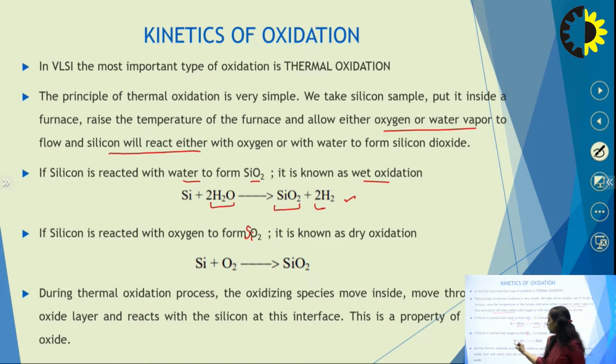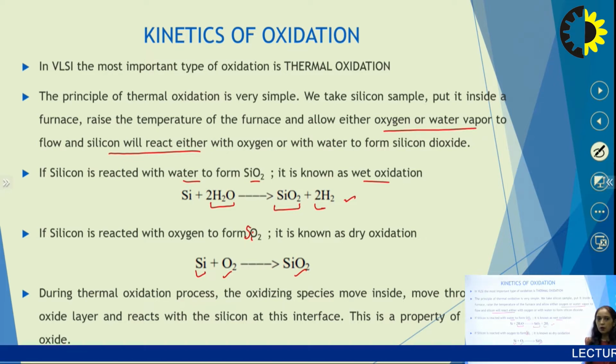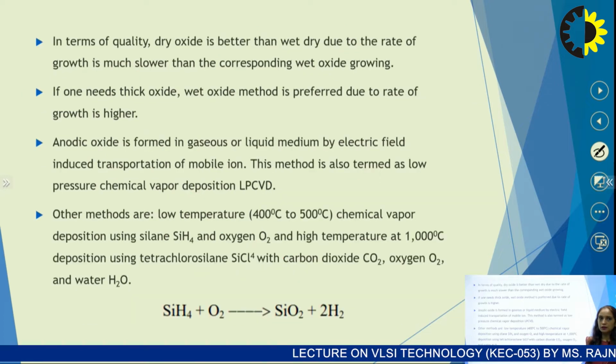So the equation is silicon reacted with oxygen gives silicon dioxide. During the thermal oxidation process, the oxidizing species move inside through the oxide layer and react with the silicon at this interface.